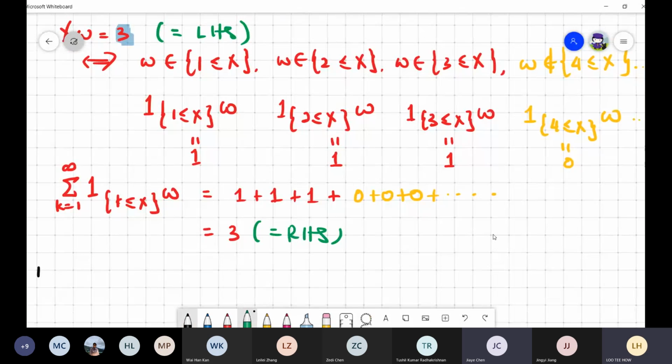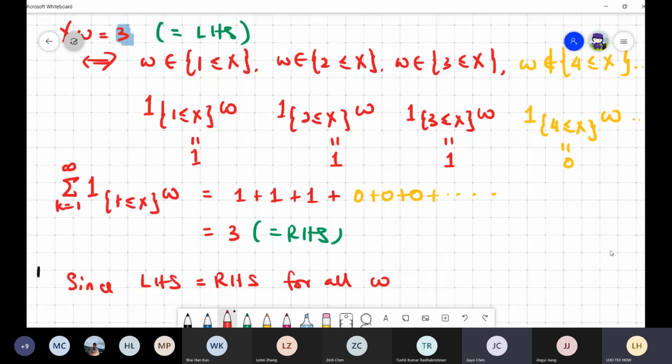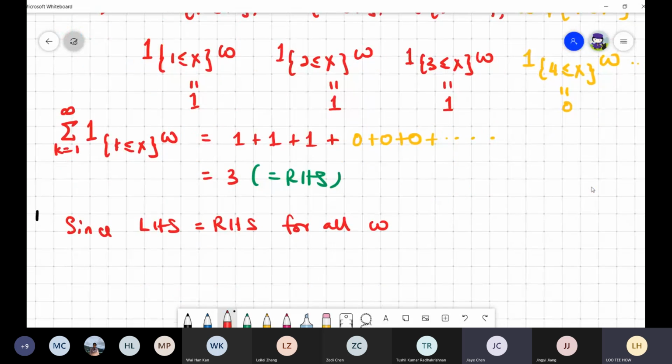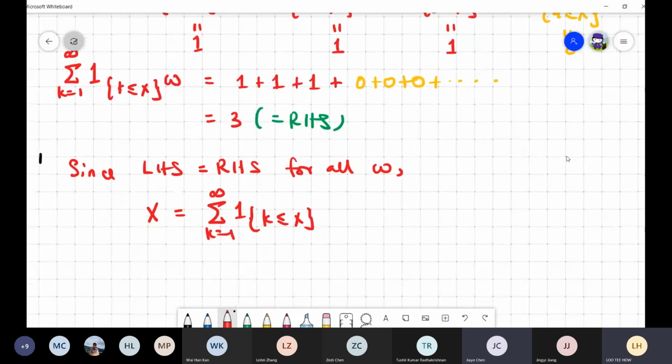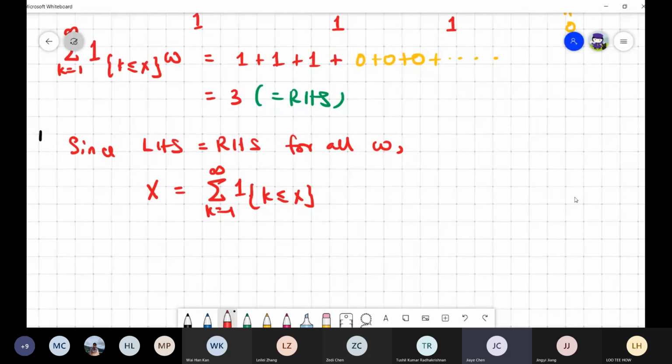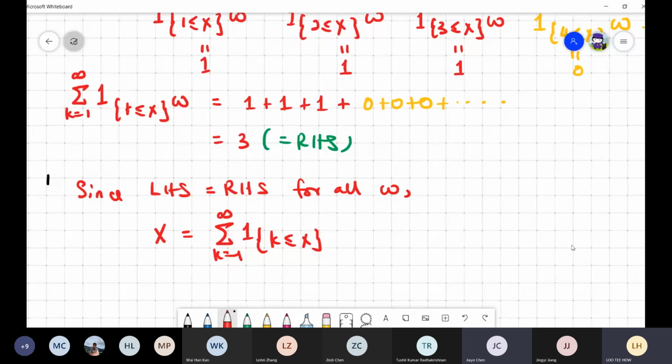Since the left-hand side always equals the right-hand side for all omega, we can make the claim. Hence, x must be equal to this. So that's the way to do it.